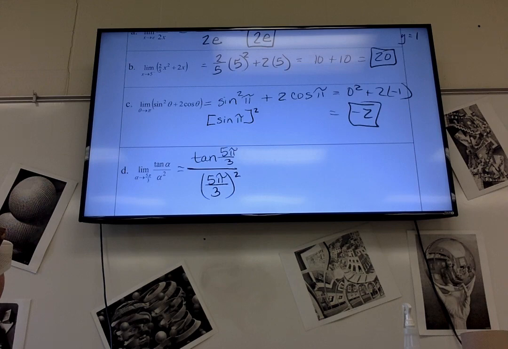Okay, 5 pi over 3. So I'm adding another page here. So 5 pi over 3.